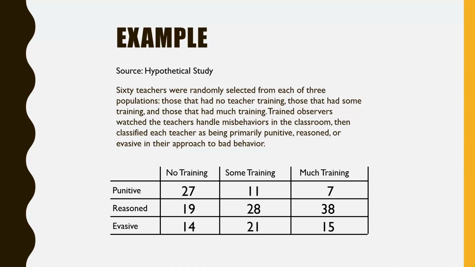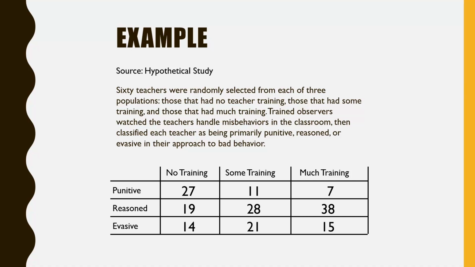How are those expectations calculated? We take the overall punitive, that is adding up the 27, 11, and the 7, and then we divide that by 180. There are 60 teachers in each of 3 conditions, so that's 180. And so if you divide the 27 plus 11, that's 38 plus 7 is 45, divided by 180, 45, the number in the punitive, divided by 180, the total sample size, that's 0.25 or 25%.